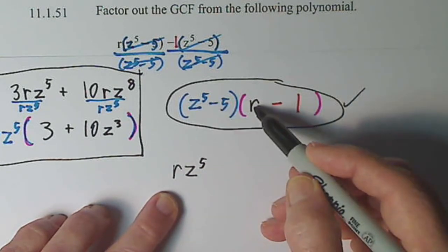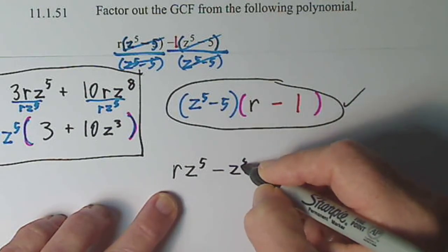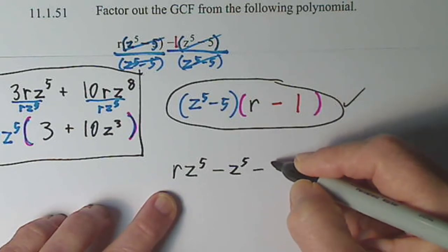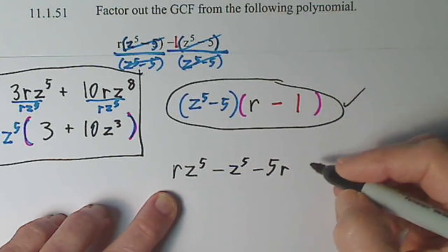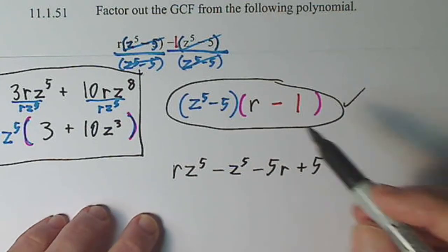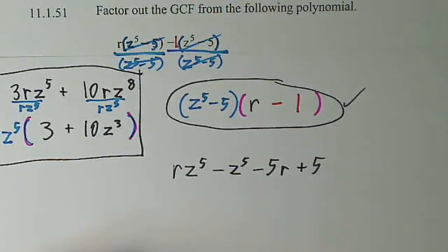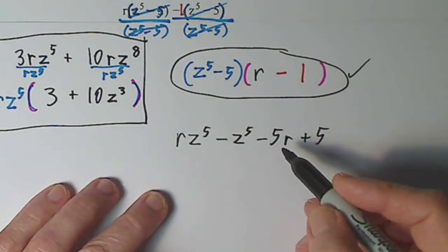If I multiply these first two, then minus z to the 5th, then these two terms would be minus 5r, and then these two would be plus 5. It's going to look strange because I'll have to factor something back out. I'll continue with this, but you just might want to stop following.